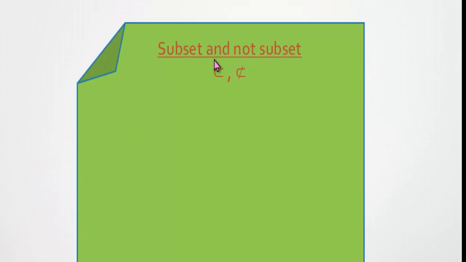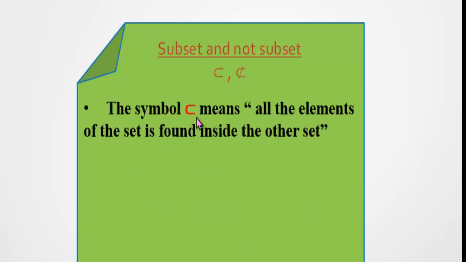What about subset and not subset? Here are the two symbols for subset and not subset. What does each one of them mean? Let's go and see. This symbol means subset. All the elements of the set are found inside of the other set.